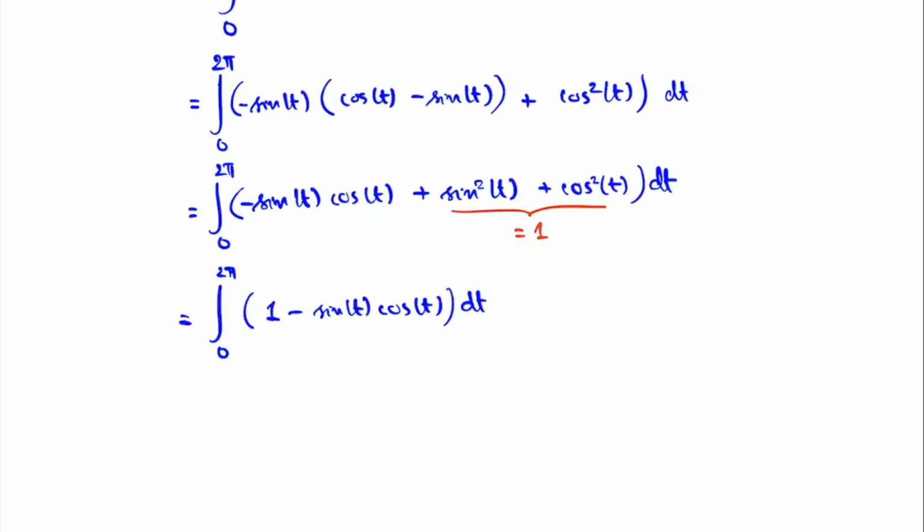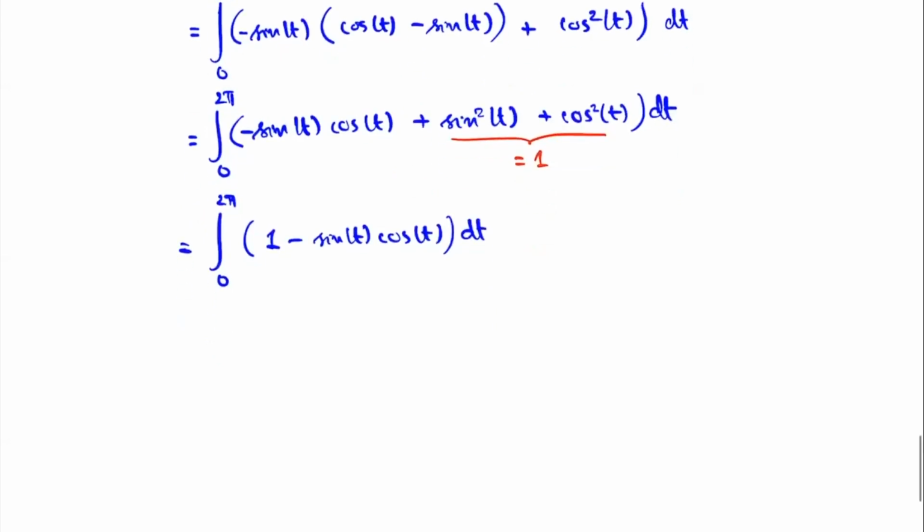All right. So you separate into two different integrals. So the first one, the integral of 1 with respect to t, is not going to be 0. It should be 2 pi. The second integral should be 0. So here, if you rewrite this as the integral from 0 to 2 pi of 1 dt minus the integral from 0 to 2 pi of sine of t cosine of t dt.